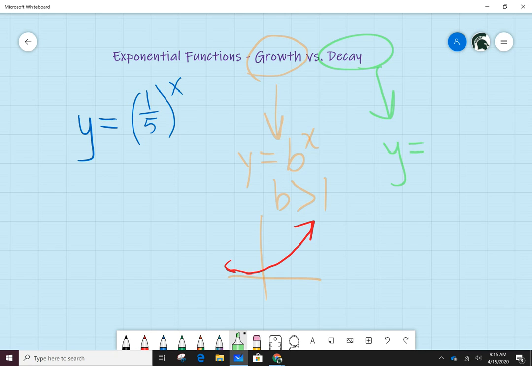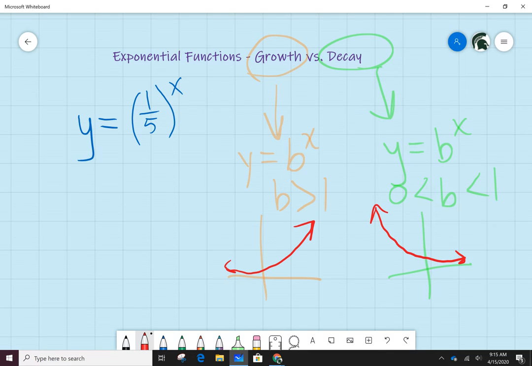So although the basic equation is the same, where y equals some sort of base raised to a power, the base is less than 1 and greater than 0. So it's going to be a fraction. And those graphs are going to look different. They are going to actually fall towards 0 as we increase the exponent.